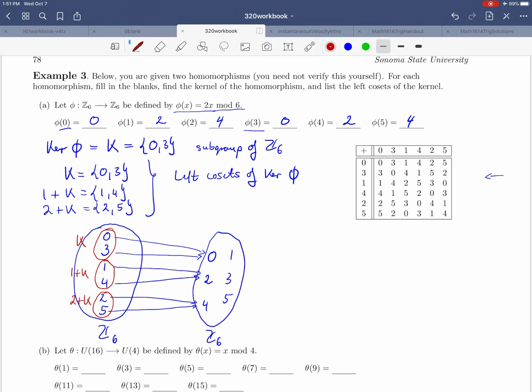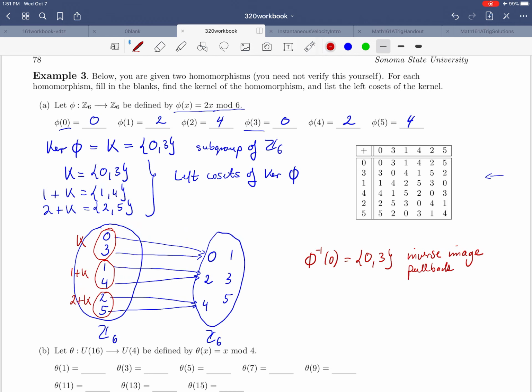So we actually say that phi with a little inverse sign of 0, in this case, is our kernel. So that's the set 0, 3. And we call that an inverse image. The book also calls it the pullback of 0.